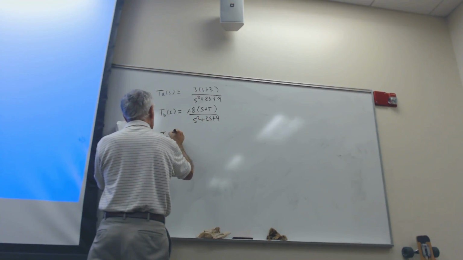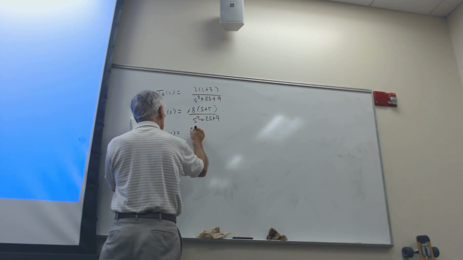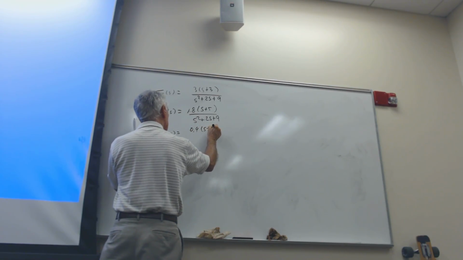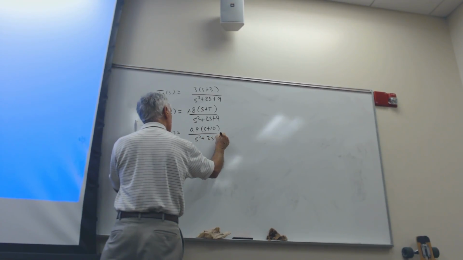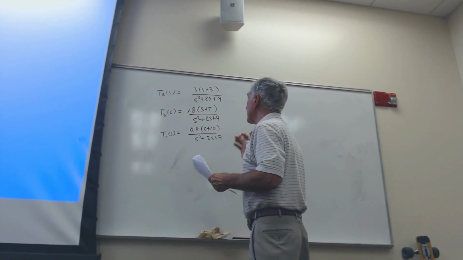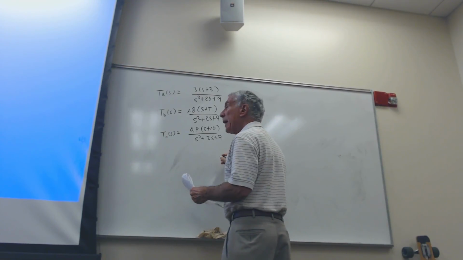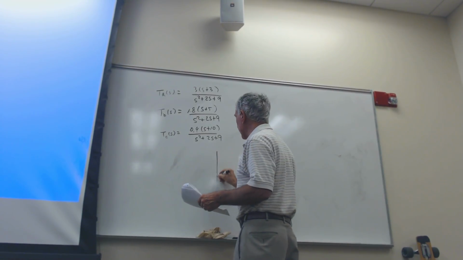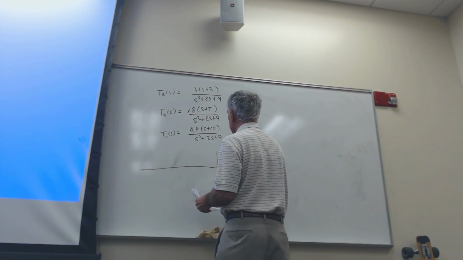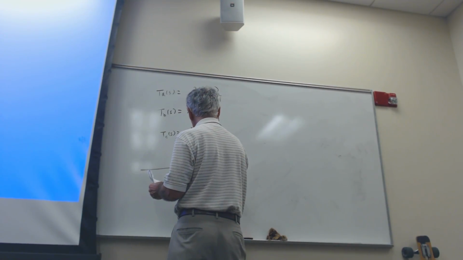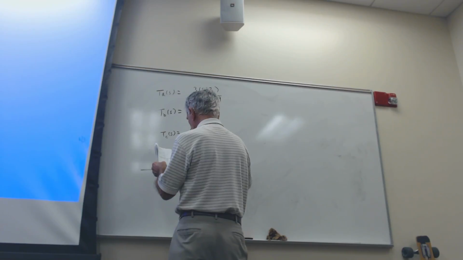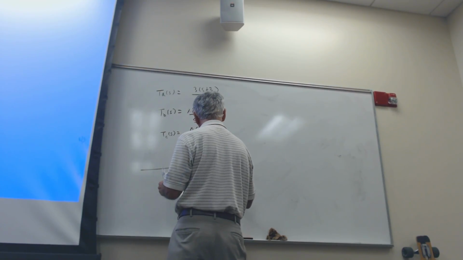And T sub c is equal to 0.9s plus 10 over s squared plus 2s plus 9. And so you see we can lay out the poles and zeros here. The quadratic has its poles at -1 plus and minus j2 square root of 2.